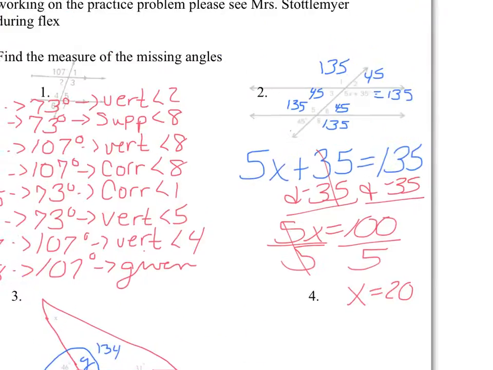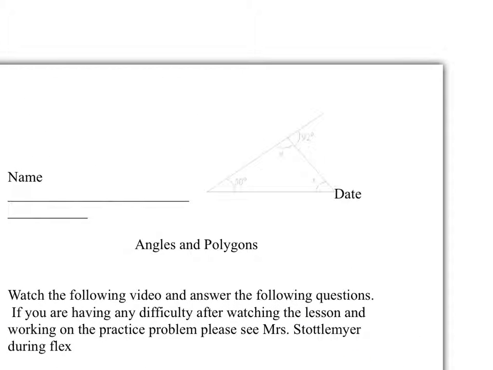Problem 4. My triangle, I believe, is actually way up here. Kind of doing the same thing we did in the other triangle problem. We have y. I know that 180 minus 92 needs to give me y. So 88 equals y.